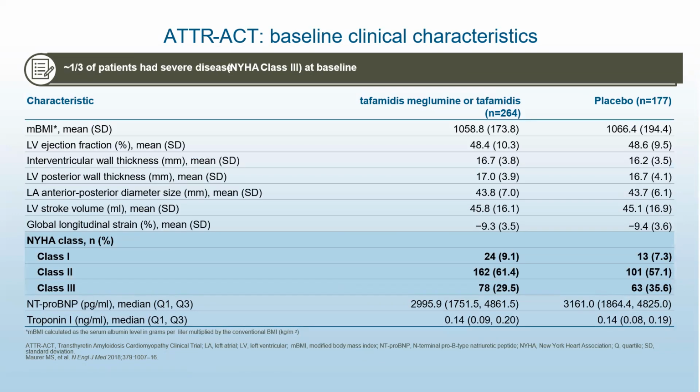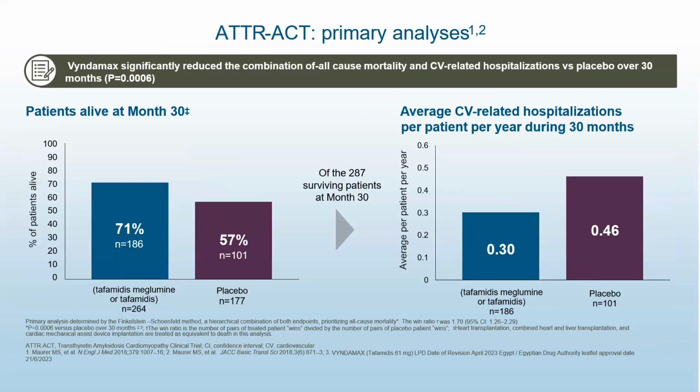The NYHA classes were presented. Most of the patients were NYHA 2, some were NYHA 3, and fewer patients were NYHA 1. And let's see the results. The primary endpoint was 71% in the patients receiving tafamidis and 57% in the placebo.